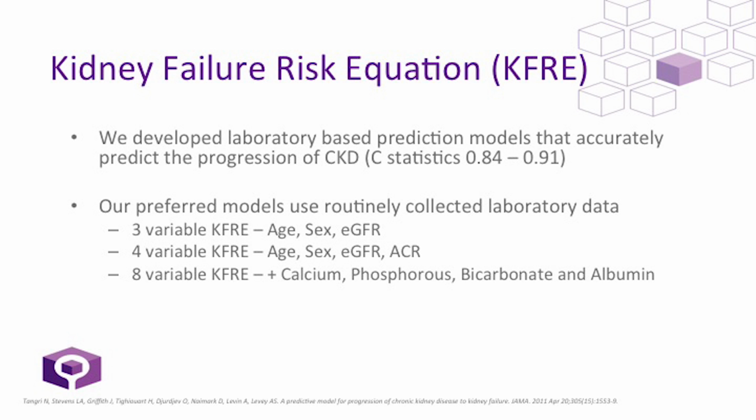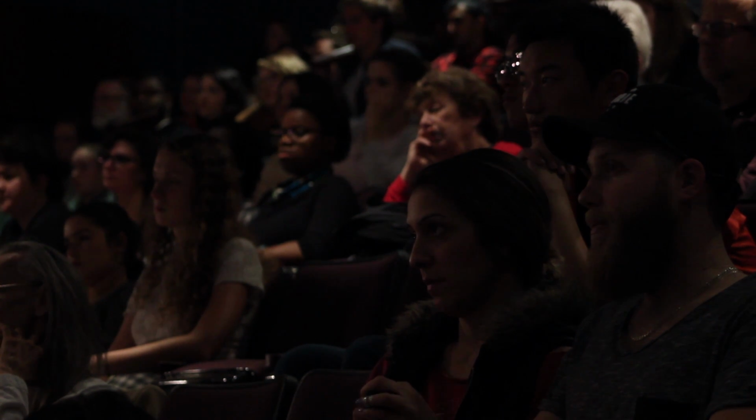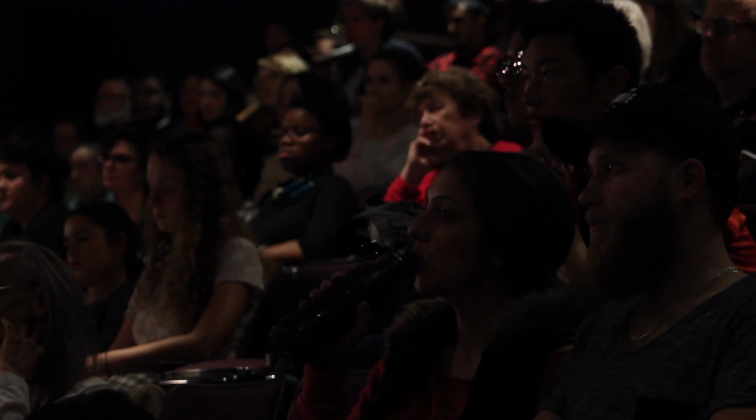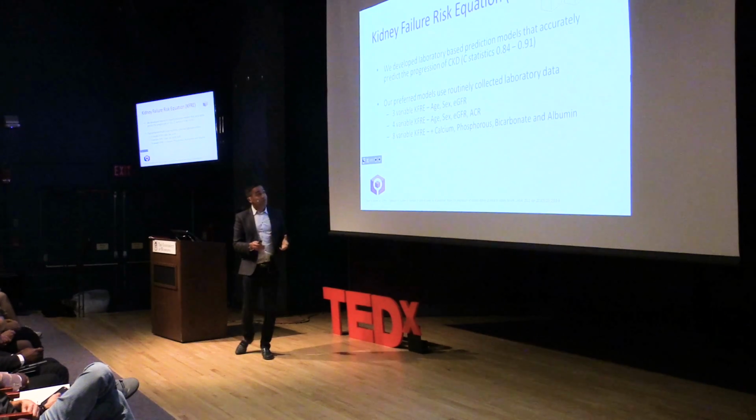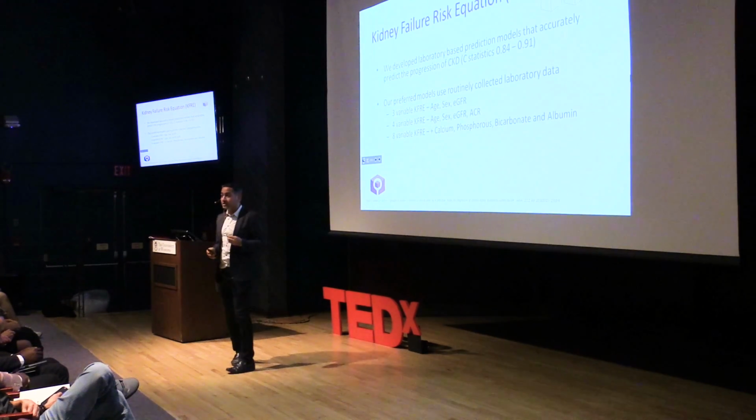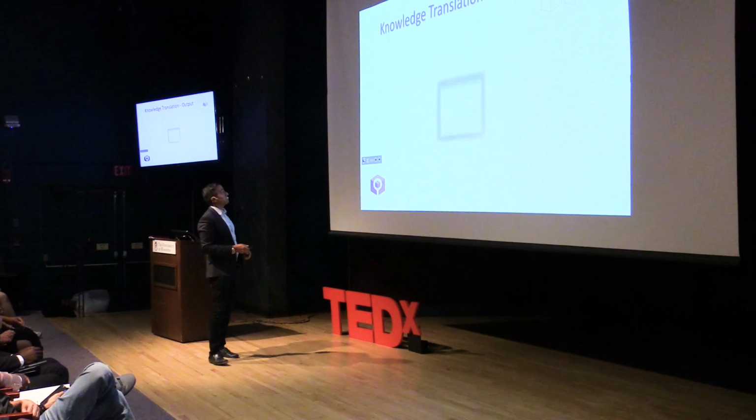They all used routinely available data, and they were between 84 to 91% accurate for predicting the risk of kidney failure. That little genetic risk score I showed you was 75% accurate. So the informatics approach thoroughly wins out. It actually uses very simple solutions and predicts the outcome of interest to patients, to providers, to the healthcare system with a lot of accuracy.